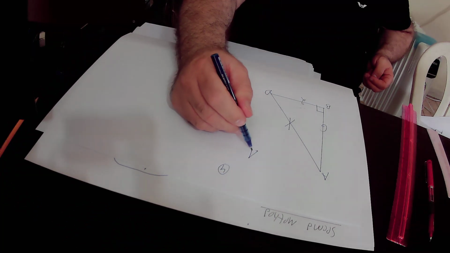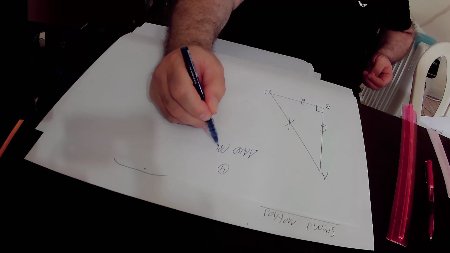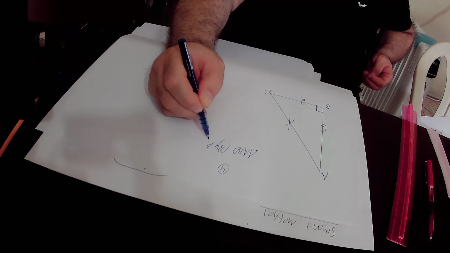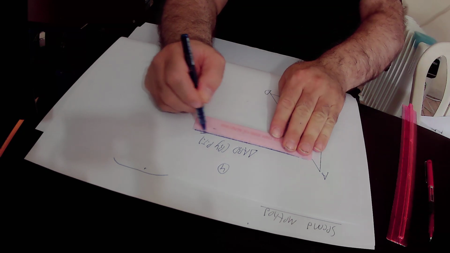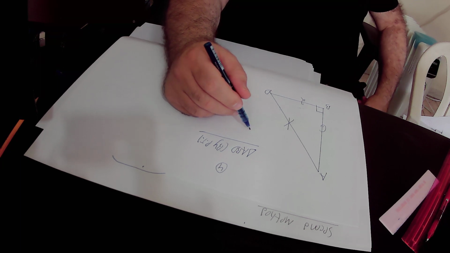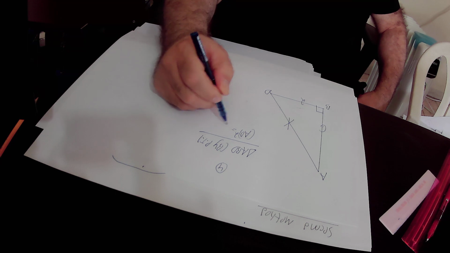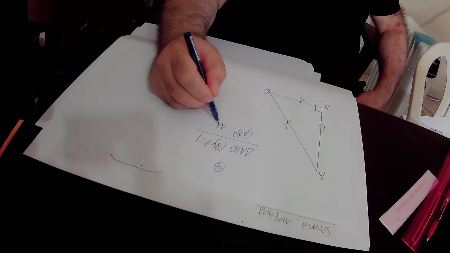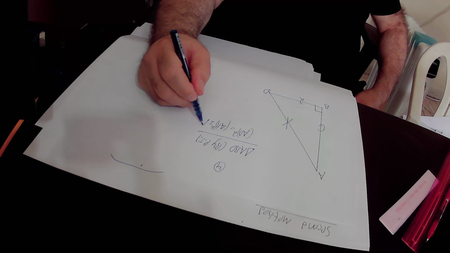So in the right triangle ABD, according to the Pythagoras theorem, PT is the abbreviation for Pythagoras theorem, we get that the square of the hypotenuse equals the sum of the squares of the perpendiculars, that is to say AD squared equals AB squared plus BD squared.